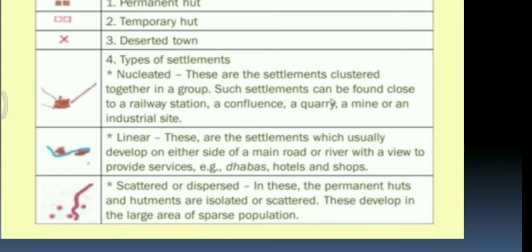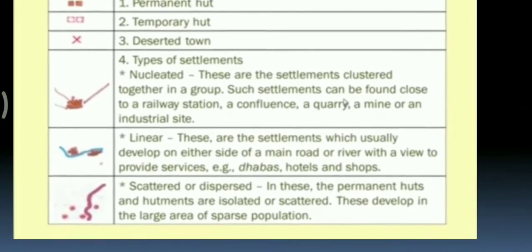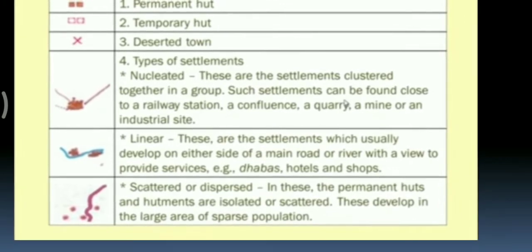Scattered and dispersed settlement: in these, the permanent huts and hutments are isolated, scattered. This sort of pattern occurs in hilly areas and the plateau region where there is a very low level of population density.